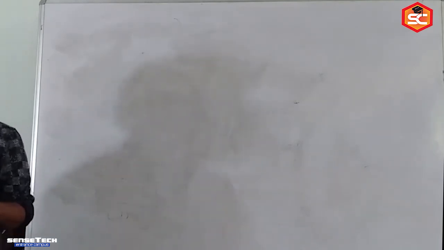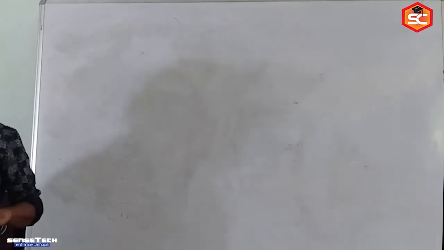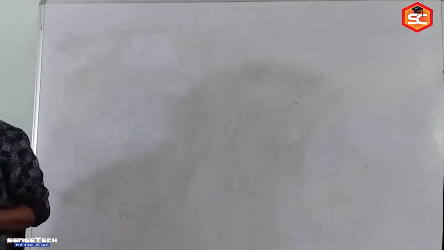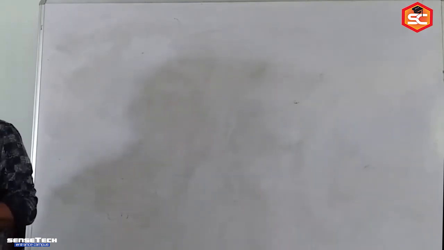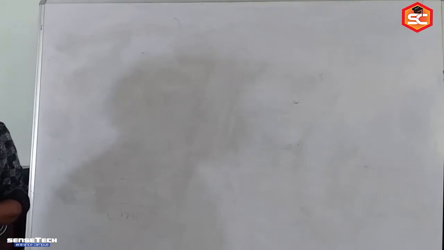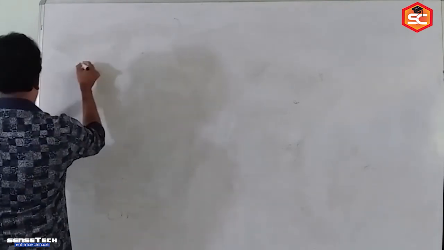So they are asking the condition for what? Precipitation. We studied the condition for precipitation. The ionic product should exceed the solubility product. So here we have to find out the solubility product, Ksp.